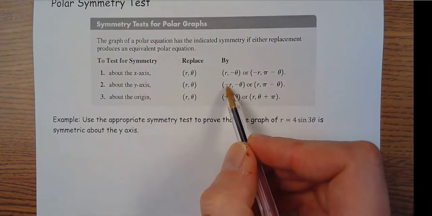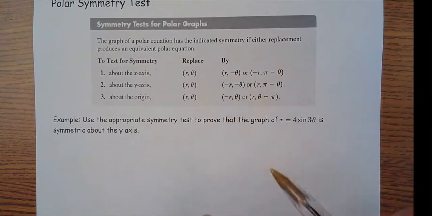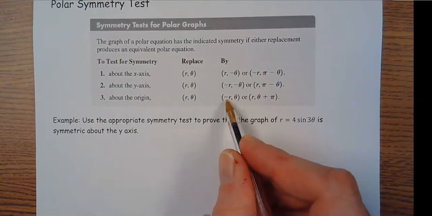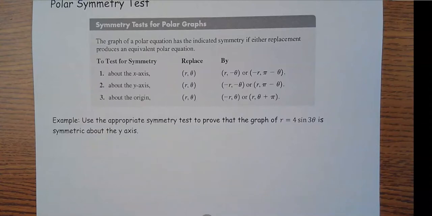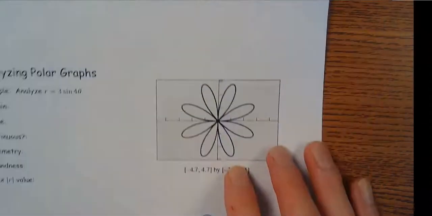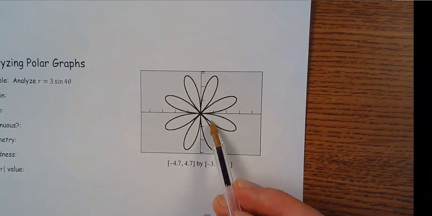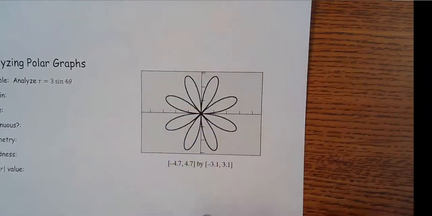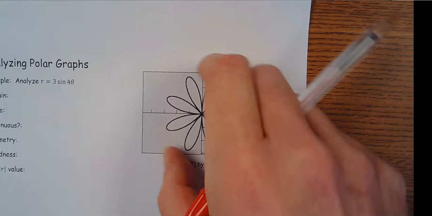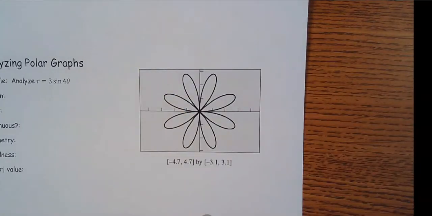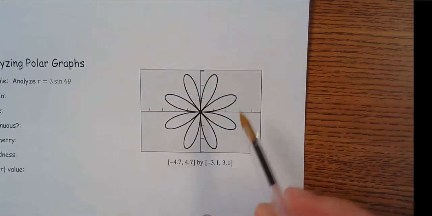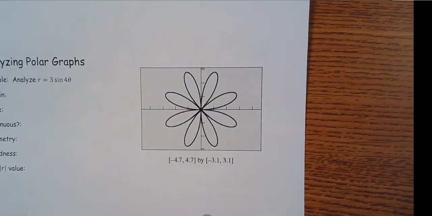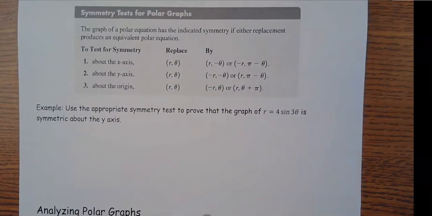If you replace with negative and negative and it produces the exact same equation, then it's about the y-axis. If you do a negative r and a positive theta, then it's about the origin. If I rotate it all the way around, 180 degrees, it would be the same picture. So that is about the origin. That's actually about the x-axis and the y-axis too. It's all of them. It reflects every which way.